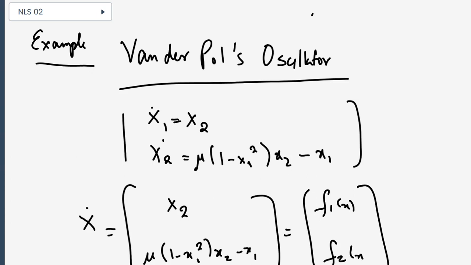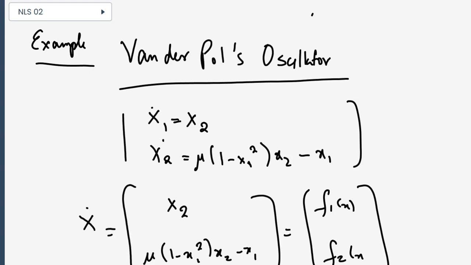First of all we need to find out the operating point of the system, and for that we'll equate x dot equal to 0. So once we equate x dot equal to 0, we get x2 is equal to 0.